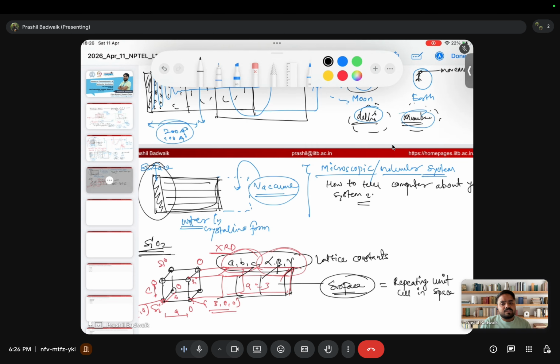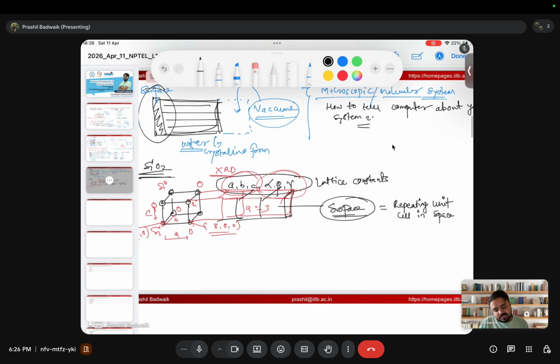Right? You replicate this unit cell, you are going to get a surface. It is not necessarily that you have to repeat in only one direction. You can repeat in y and z direction, right? And then you can have a complete structure like this.